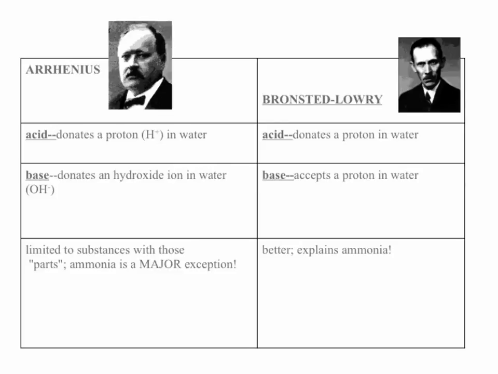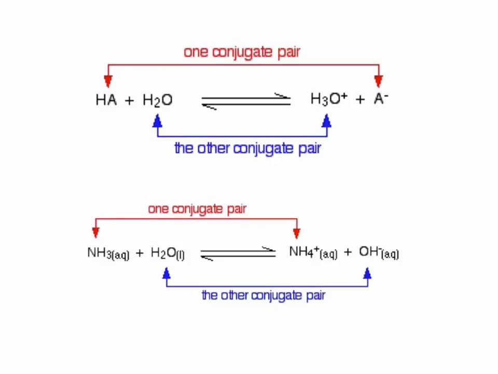Okay, so this just puts this into a T-chart. And then the next thing you need to know: you have your acids and your bases in Bronsted-Lowry, but when an acid gives up a proton, it becomes a conjugate base. So here, HA, A is generic for acid.